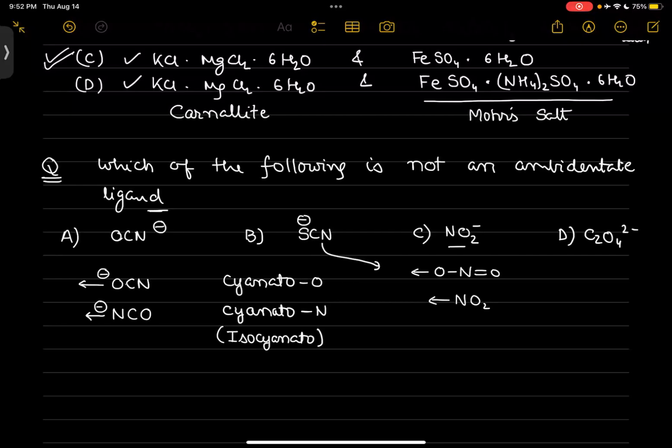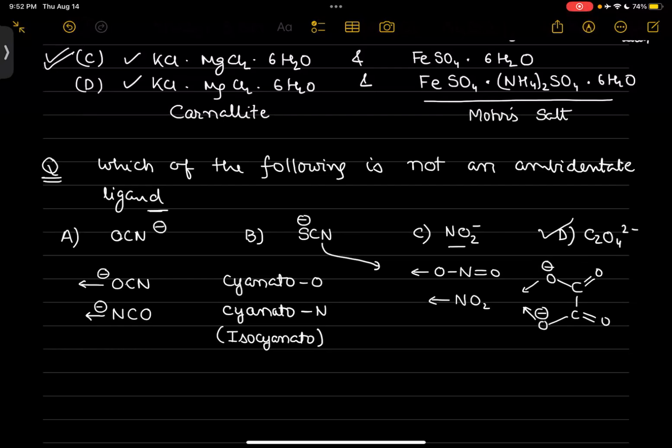Now we are only left with oxalato. Oxalato is not an ambidentate. So what kind of ligand is it? If it is not ambidentate, it is a bidentate, meaning it is giving two lone pairs.